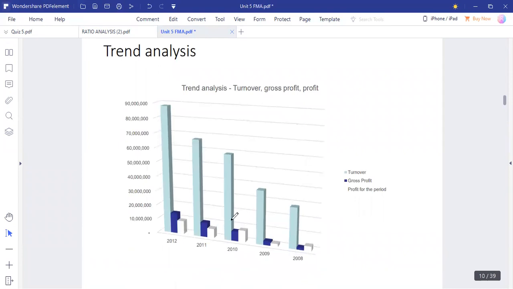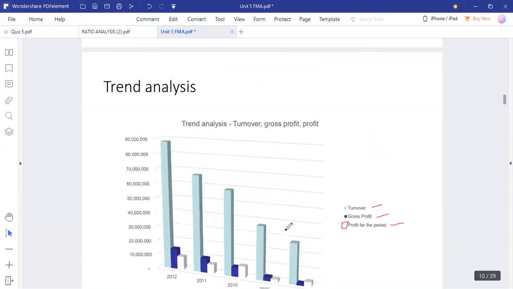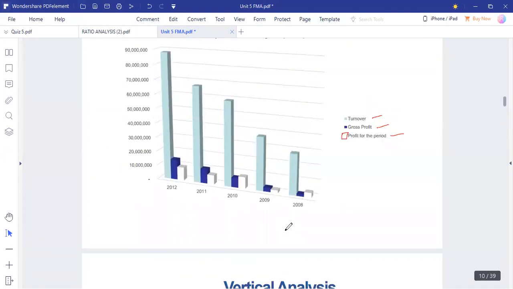So between our turnover, which is the sales, the gross profit, and the profit for the period, which is in white, we want to now use a trend. So for 2012, it is showing you that variation.